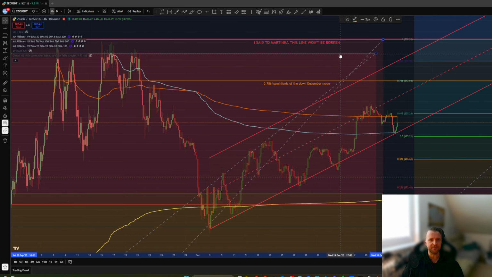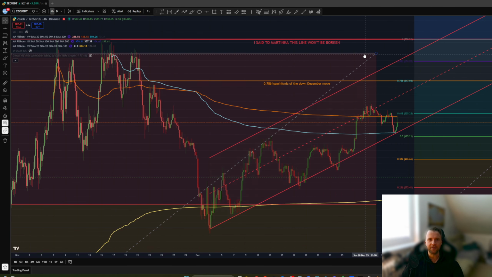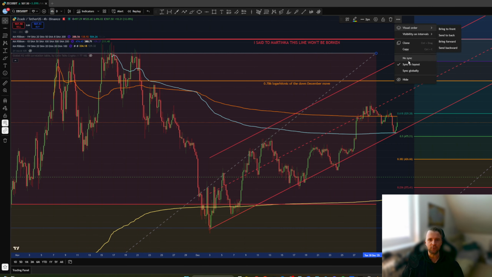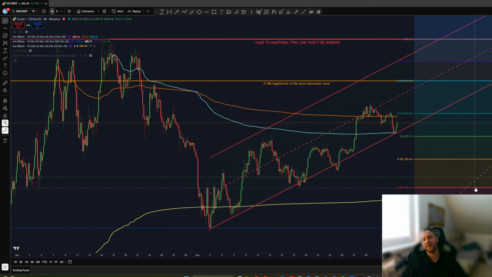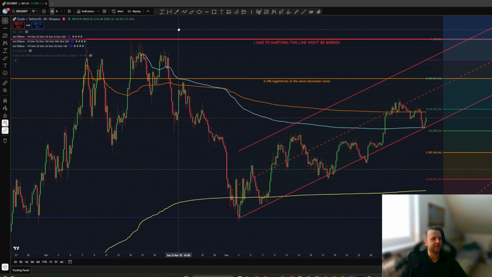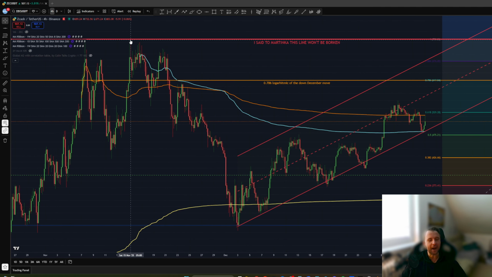I can even hide them so that you can see clearer, and now this is much more clear for you. This, to the right, is another Fibonacci measurement, of the top we had and the December bottom we had. It was like a 60% downward move.